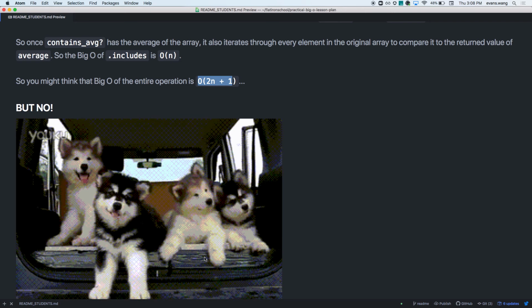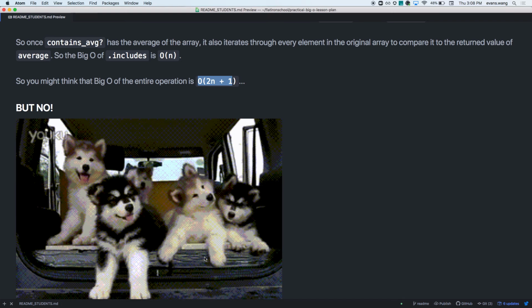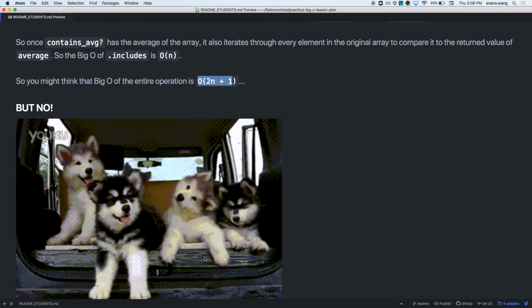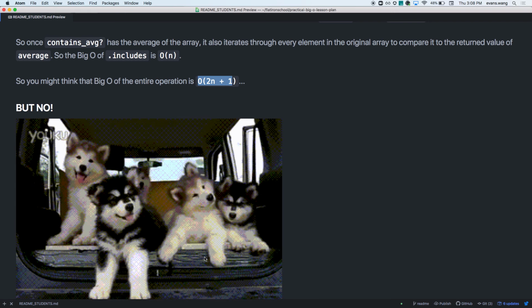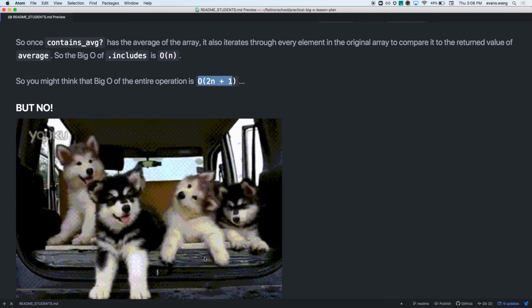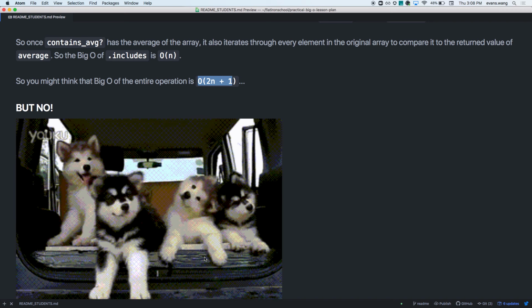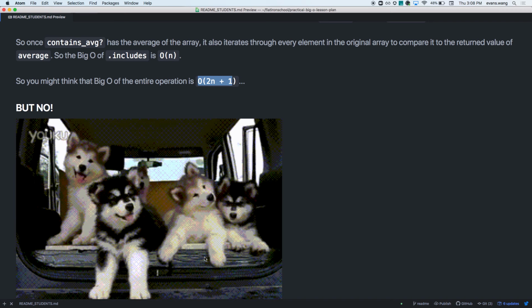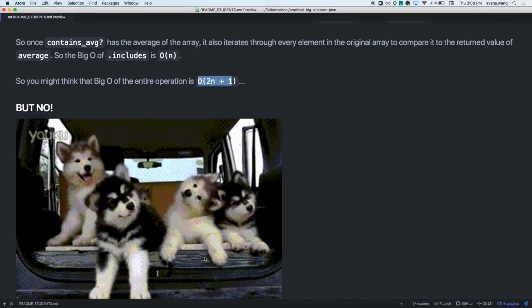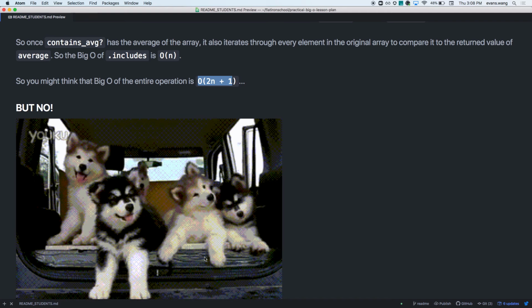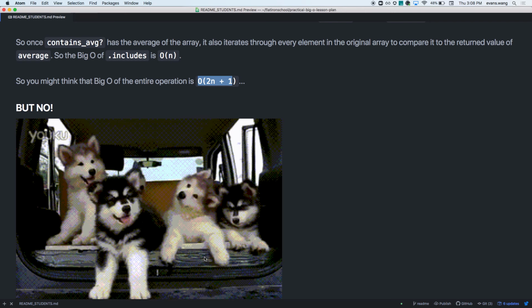If the array is 7, you're looking at 7 times 2, which is 14, plus 1. If I have a million, what's 2 times a million? It's 2 million. Plus 1, you're really getting 2,000,001. If I have 20 million, times 2 plus 1 is 40,000,001.